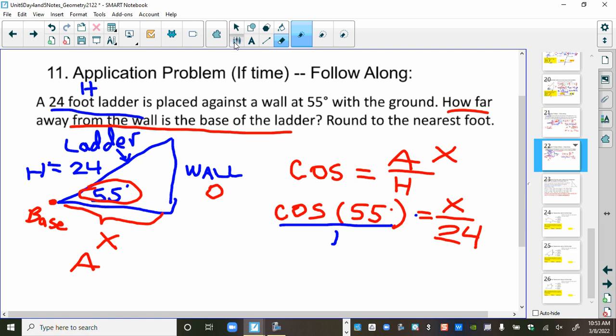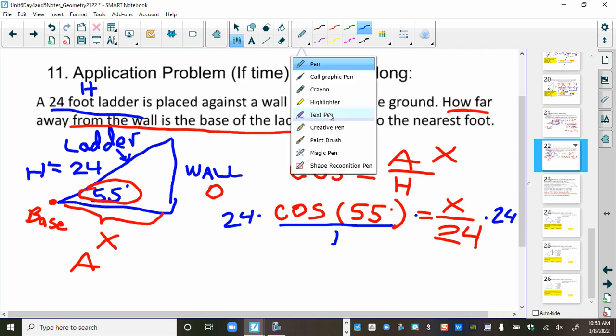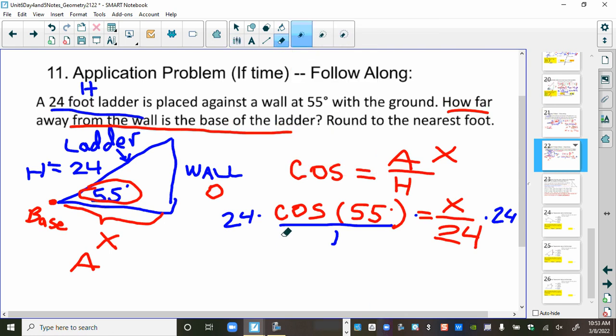And then just multiply both sides by 24. You don't need this. So we just multiply 24 times cosine of 55.